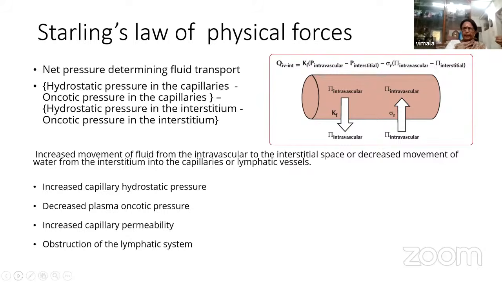So when the fluid gets into the interstitium, as you proceed towards the end of the capillary, the interstitial hydrostatic pressure starts slowly building up. We know the capillaries are impermeable to albumin. So there is no oncotic pressure in the interstitium. So at the capillary end, the lymphatics will get the fluid from the interstitium back to the lymphatics and to the capillaries.